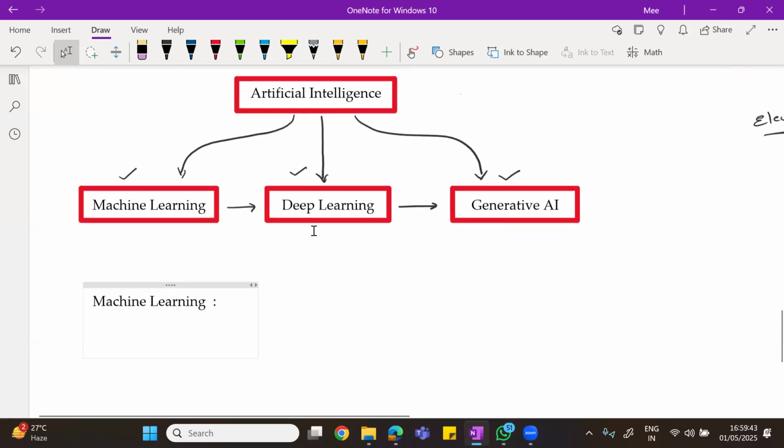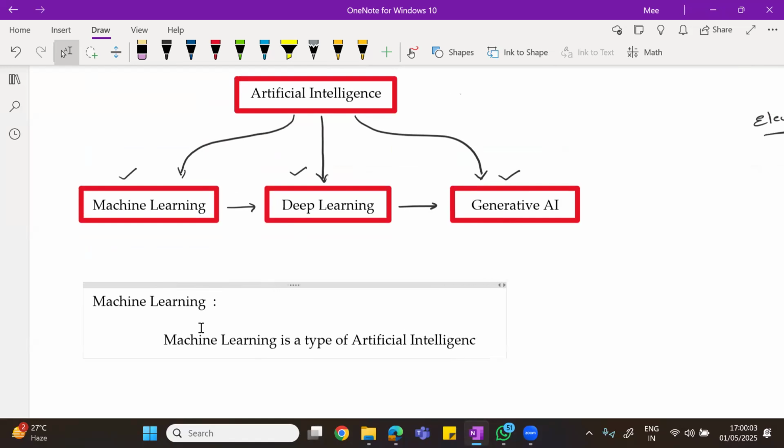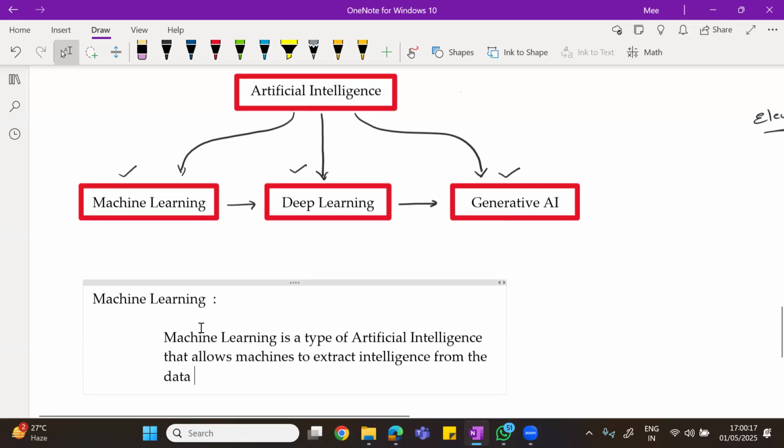I can say it is a type of artificial intelligence that allows machines to extract intelligence from the data by itself, without being explicitly programmed.